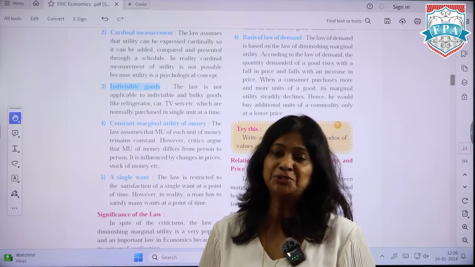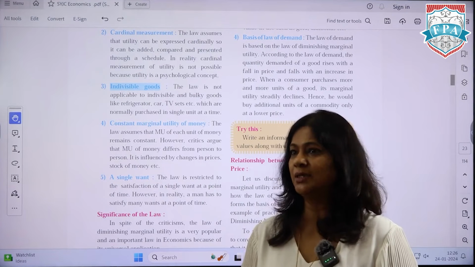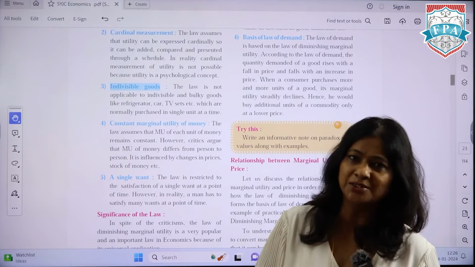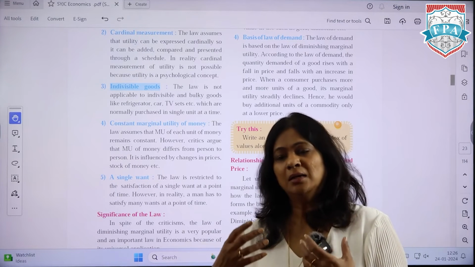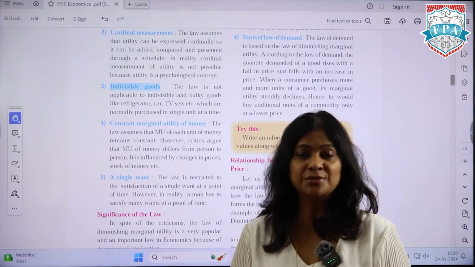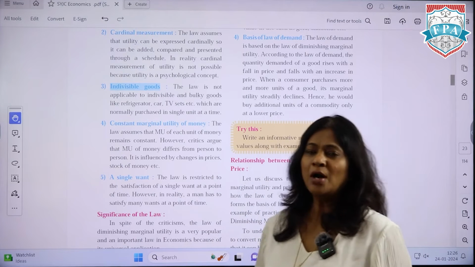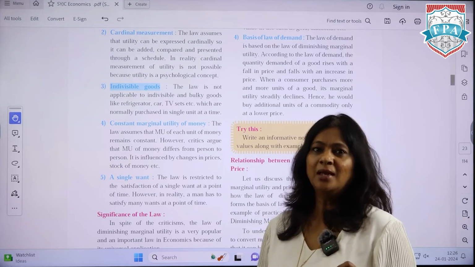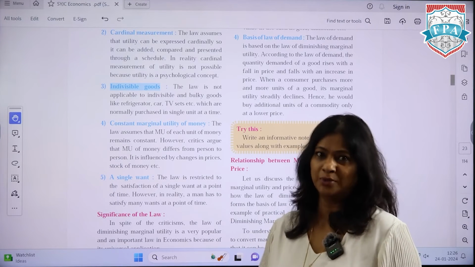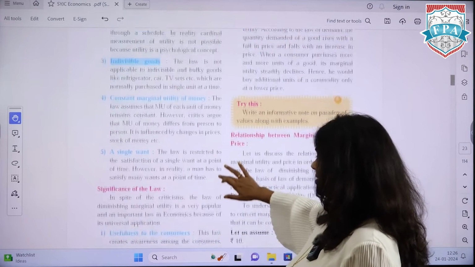Once we have understood what is marginal utility, total utility, diminishing marginal utility, its criticism, its assumptions, guys, but the law is still being studied, so obviously it is significant, it is useful, and we can see it.